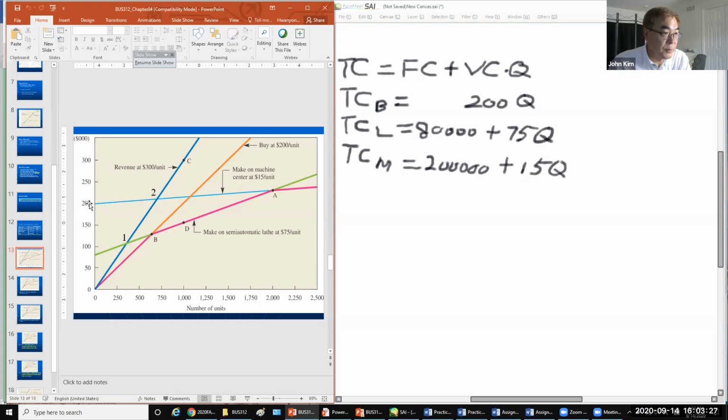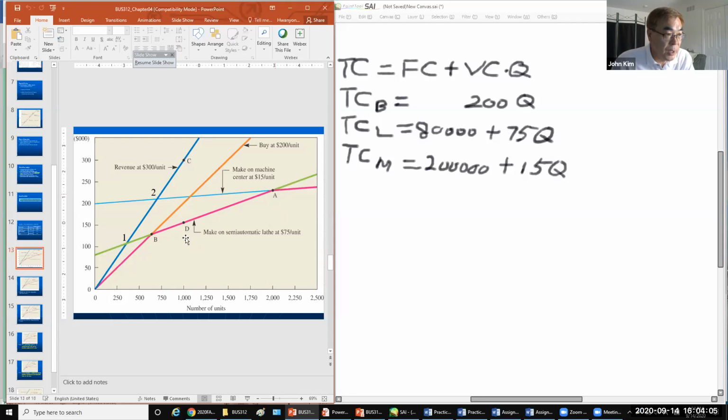And third option, start from 200,000 and then increase by 15. So if there are 3 options, this red one, this one, and this one, then there are 3 crossing points. Among those 3 crossing points, left and right points are important, and the middle one doesn't matter.